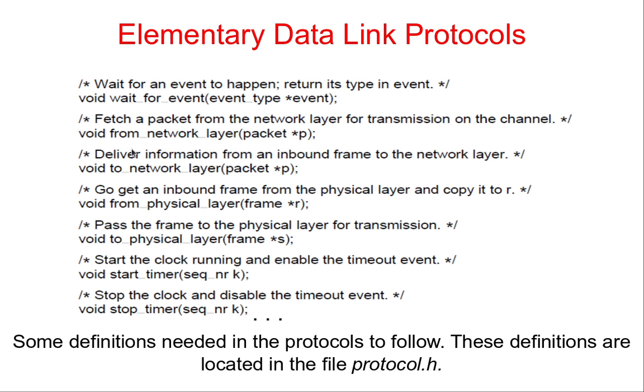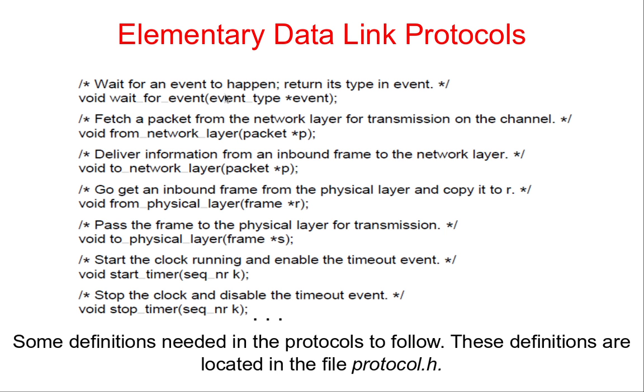So the first is wait_for_event. The data link layer at the sender and the receiver will first be waiting for some event. The event may be the arrival of a packet at the sender's data link layer, or, for example, the arrival of a frame at the receiver's data link layer.